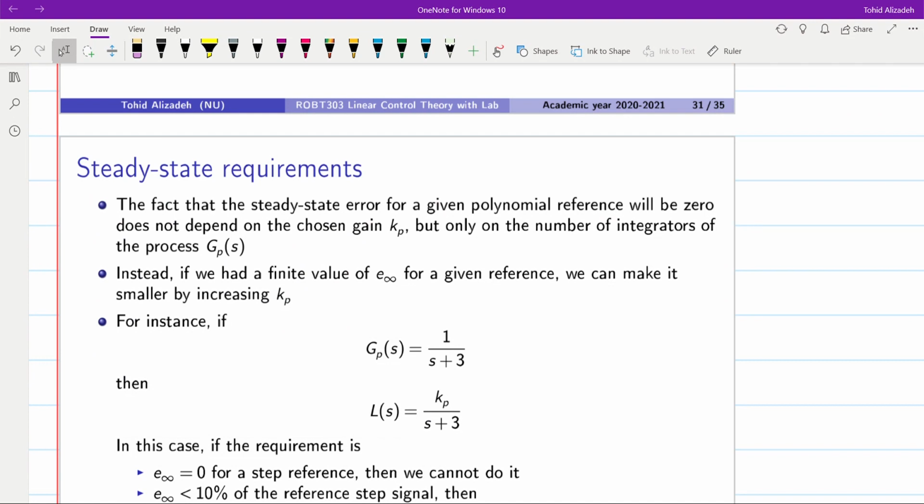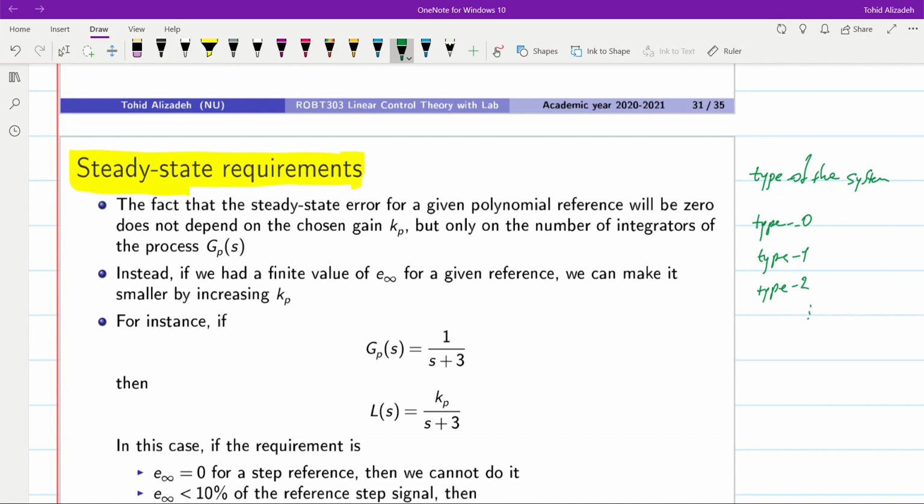The next kind of requirements that we have is called the steady state requirement. It's usually regarding the steady state error for a given input like step or ramp. If you remember, the steady state error depends heavily on the type of the system. Whether the system is type 0, 1, 2 or more, we can say that the steady state error to a specific input is either 0, it has some finite value, or it is infinity.